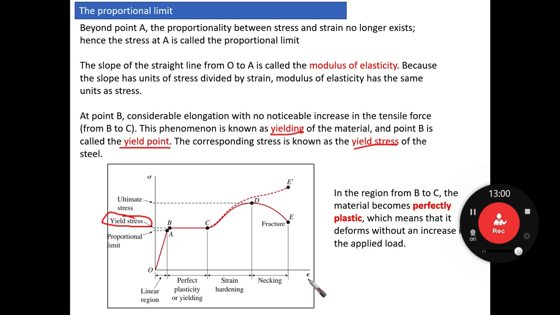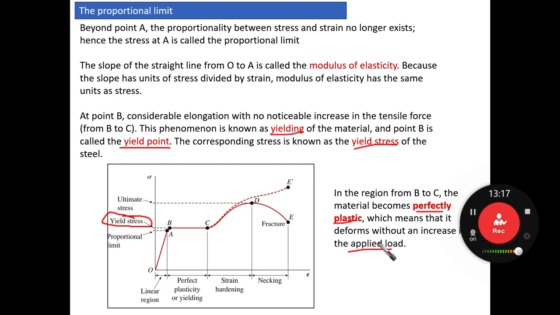In the region from B to C, the material becomes perfectly plastic, which means that it deforms without an increase in the applied load. That's the meaning of perfectly plastic.